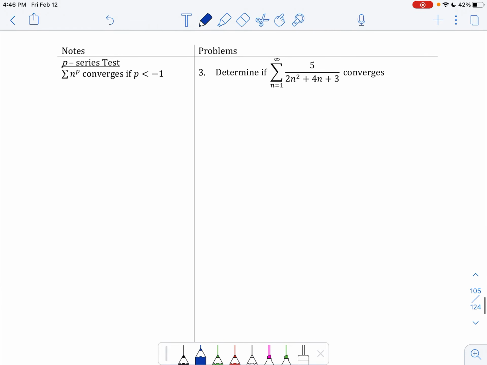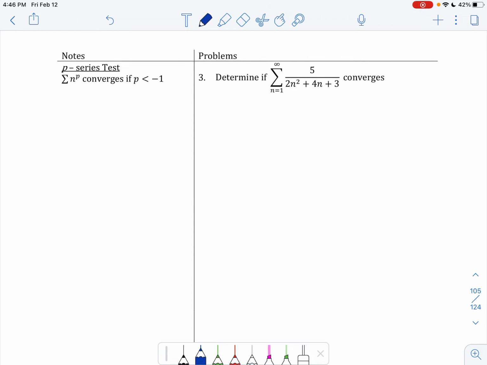Now, what's going to be helpful here is that anything that's a power, we call this a p-series, but that's just n to a power. So whenever we're talking about a p-series, as long as p is less than -1, it's going to converge.